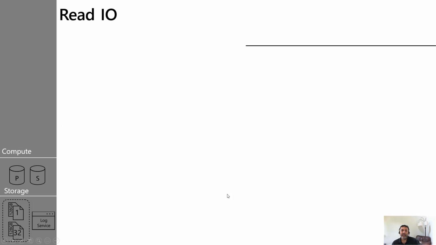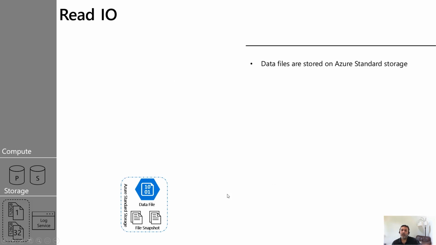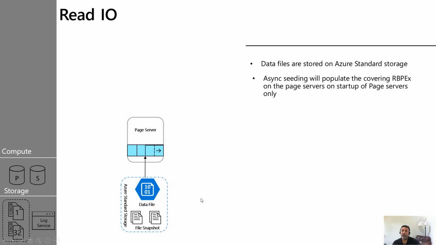On a read, on the other hand, for a new database or for all the other components, the durable storage is Azure Standard Storage. So you have your data files and your backups, which are snapshots on Azure Standard Storage. When a page server is brought up for the first time, it reads that file from Azure Standard Storage.